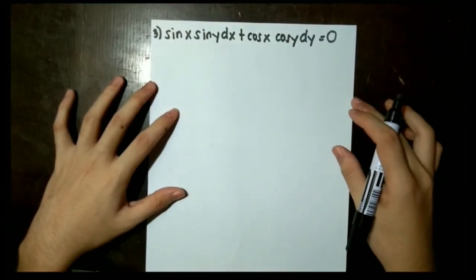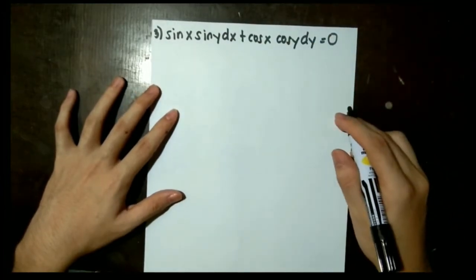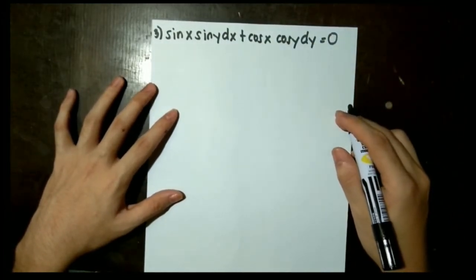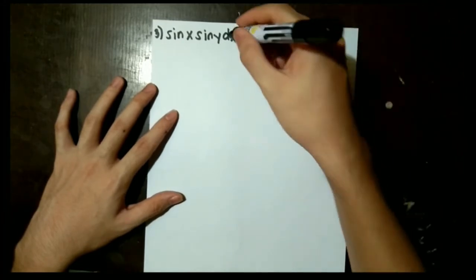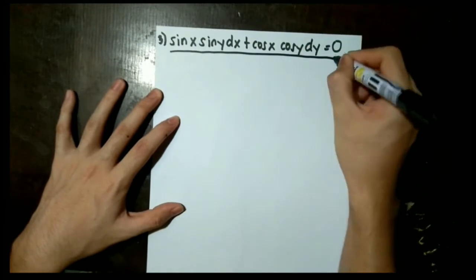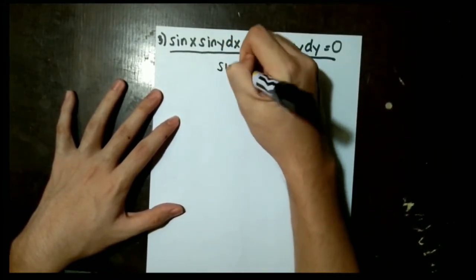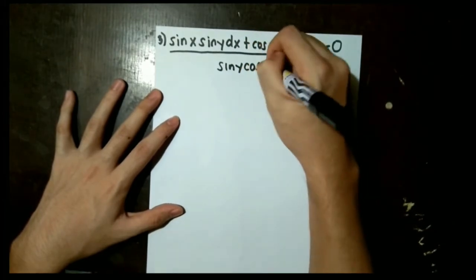For number 3, ang given is sin x sin y dx plus cos x cos y dy is equal to 0. So, pagsamahin ulit natin yung functions of x sa dx, functions of y sa dy. So, i-divide natin yung equation sa sin y cos x.